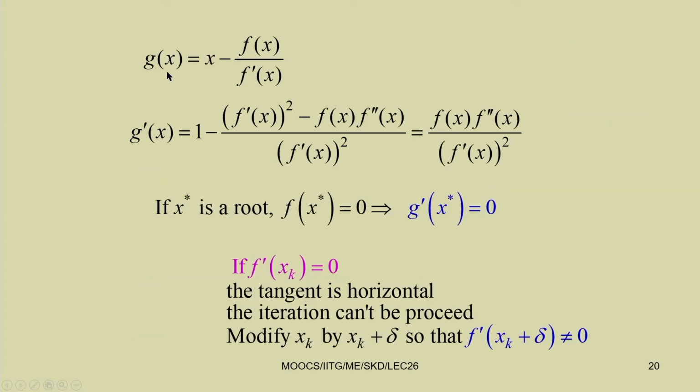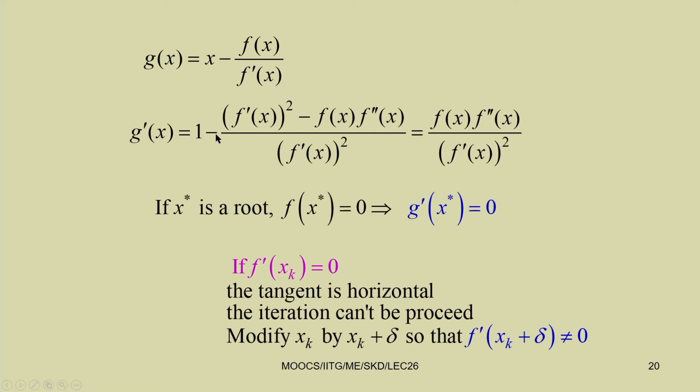So, we already have this equation g(x) equal to x minus f(x) by f'(x). We can differentiate this to find g'(x). So, g'(x) equal to differentiation of x, which is 1, minus the differentiation of f(x) by f'(x). Differentiation of f(x) is f'(x) into f'(x), so this becomes f'(x) whole square, minus, keeping f(x) the same, and differentiation of f'(x) is f''(x), divided by f'(x) whole square.